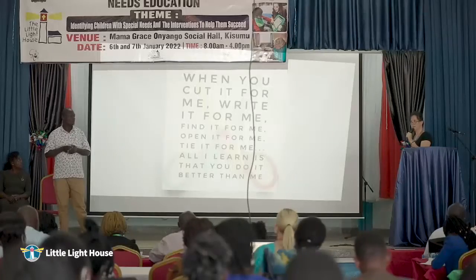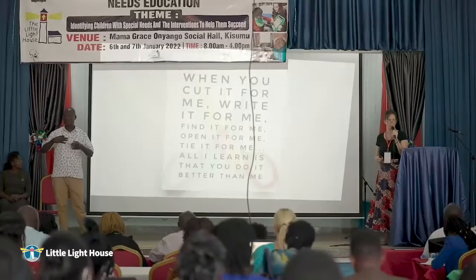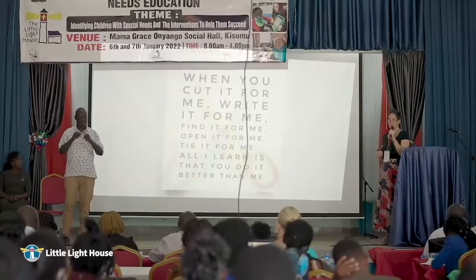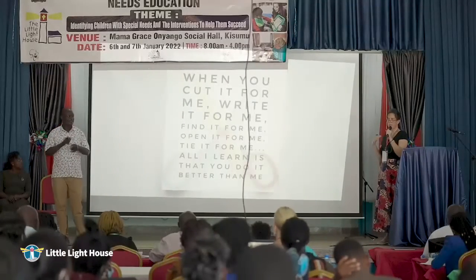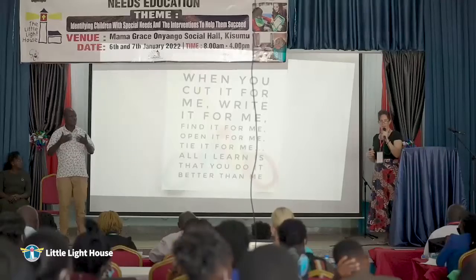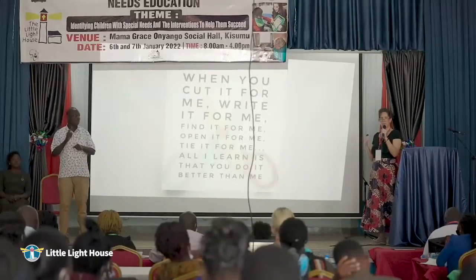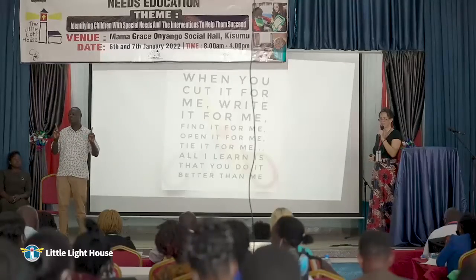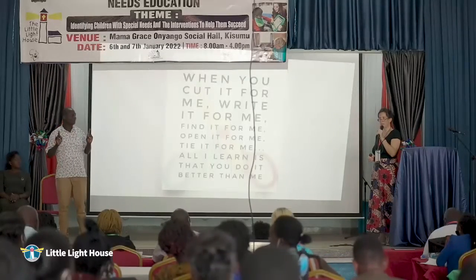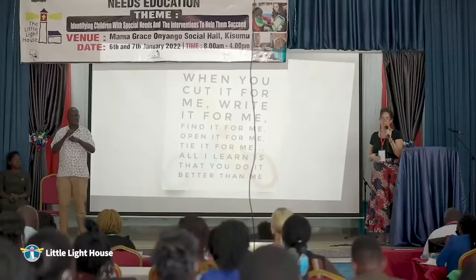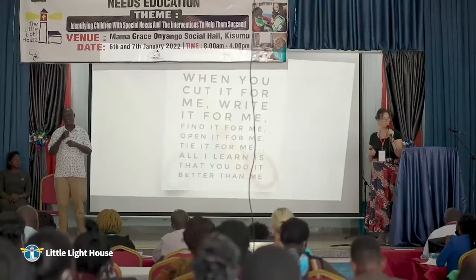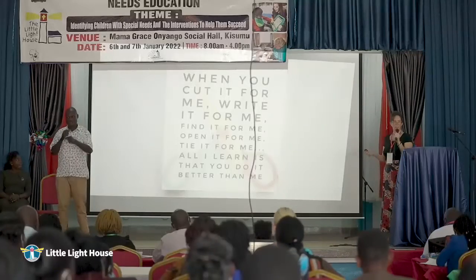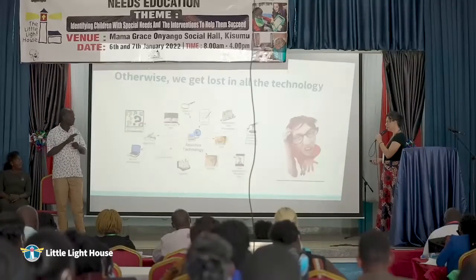We have a lot of volunteers who help us do our job at the Little Lighthouse, and one of the things that we speak about when they begin, that we remind them of frequently, that we model for them, is that we want our students to do it themselves as best as they can. It doesn't mean that they will do it perfectly, doesn't mean that they will do it right. But we want to give them the opportunity to do it, and that's where we put assistive technology into place or other supports.